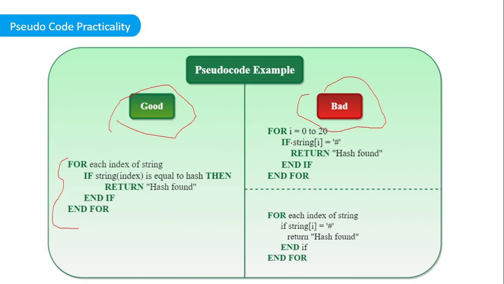But when you look at the other side, it says for i equals 0 to 20, if string at index i is equal to hash, return hash found, end if and end for. And there's another part: for each word, index of string, if string is blah blah blah, up to this point. When you are doing this, you are moving away from the rules of pseudocode. You see that there are a bit of technicalities in here, something like this square bracket notation.